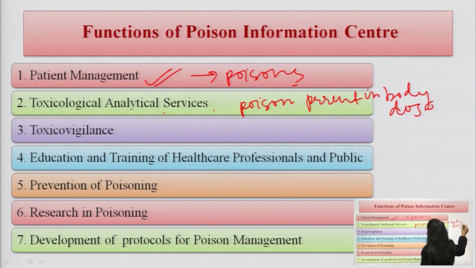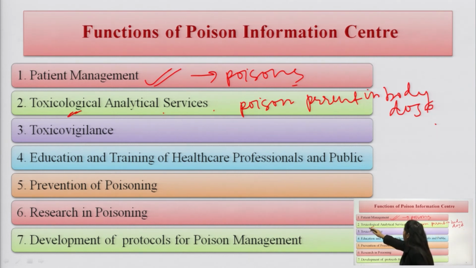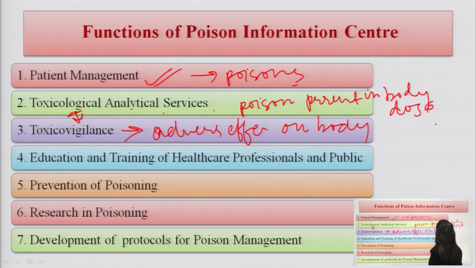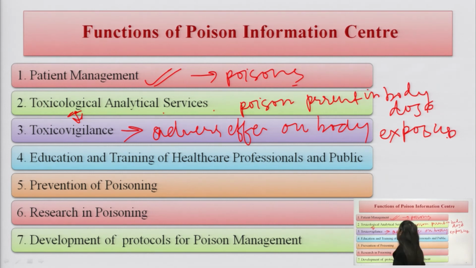Toxicovigilance means adverse effects: what is the effect on the body, how the poison is affecting a person, and also the exposure. This is also studied under pharmacovigilance.